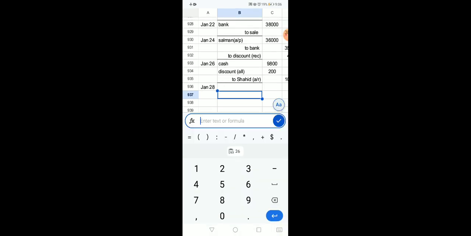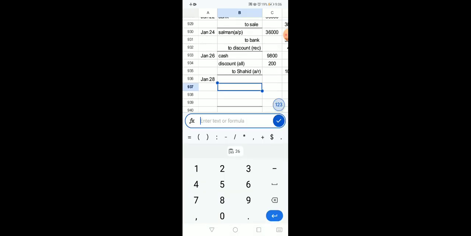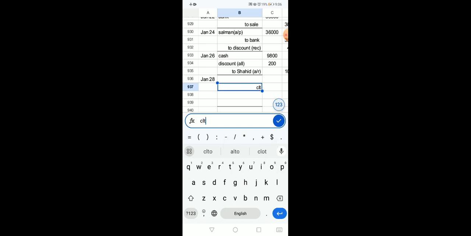So the proprietor is going to draw cash from the business. Cash in hand of the business would be decreased. Cash in hand is your asset. Asset is decreasing, and a decrease in asset should be mentioned on the credit side. So you are going to put cash on the credit side.